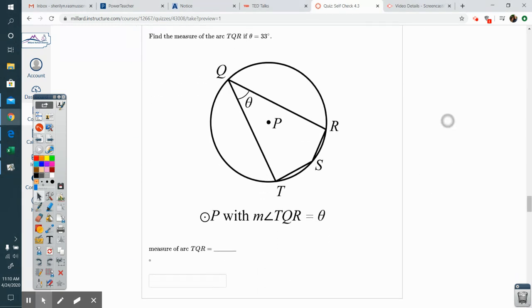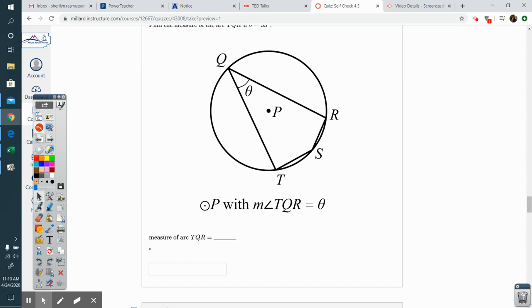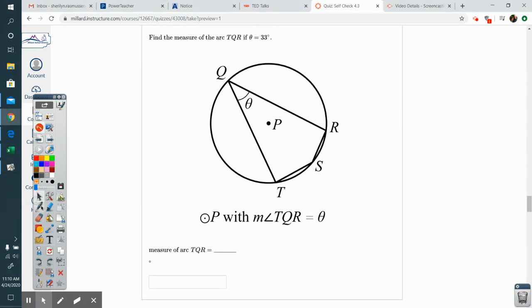Okay, number 10. Oops, I went too far, so I can't read it. All right, here we go. Find the measure of the arc if this theta right here is 33. Whoa, I looked at that wrong, so make sure you look at what it said.